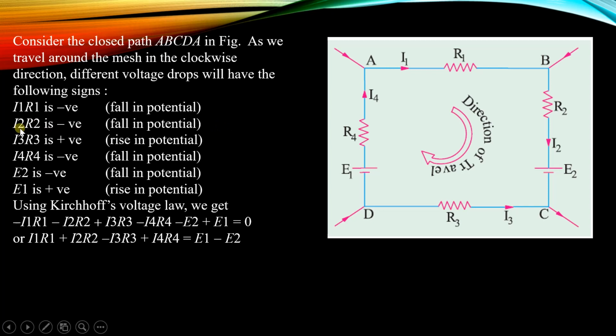And second, I2 R2 is negative. This is a fall in potential, as the current is again flowing in the same direction. Then between C and D, it is positive, as the current I3 is flowing in the opposite direction, so that is a rise in potential.